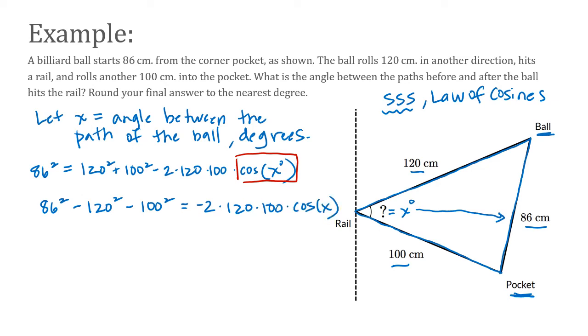I will divide both sides by that negative 2 times 120 times 100, right? Those will all cancel out on the right, but then I have to do it on the left.